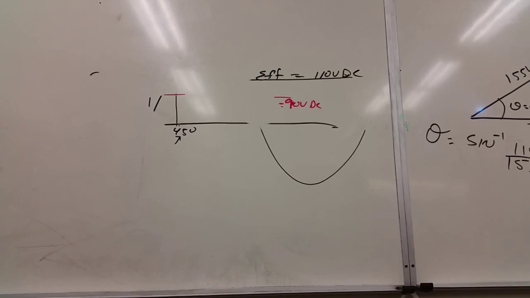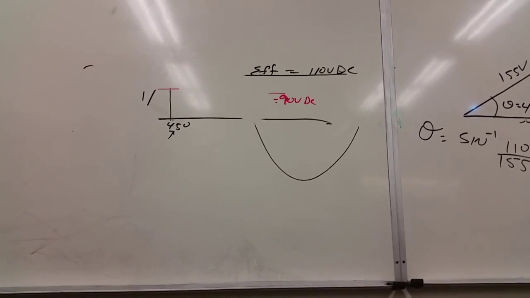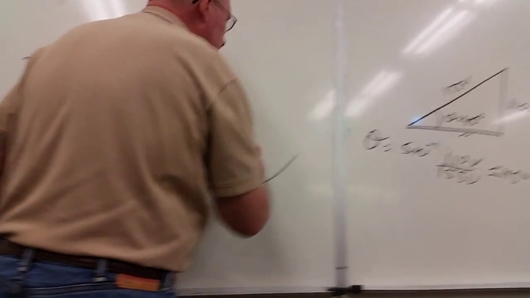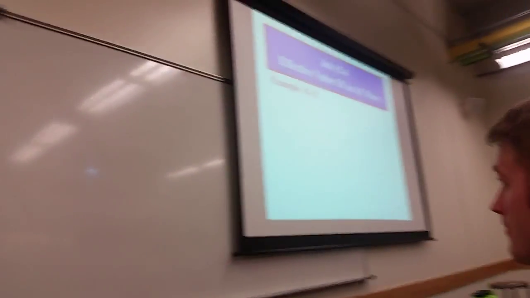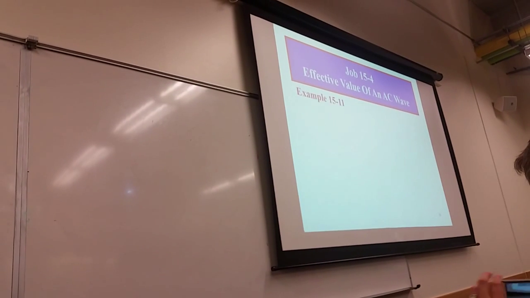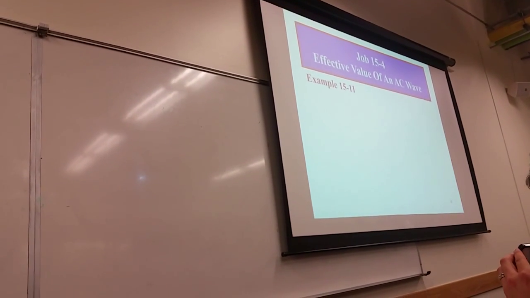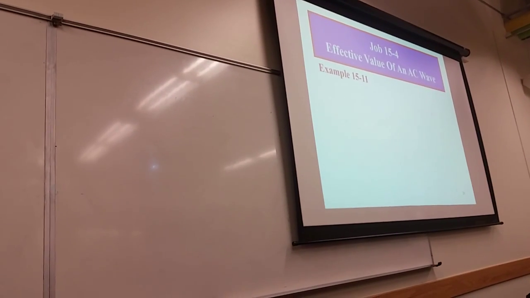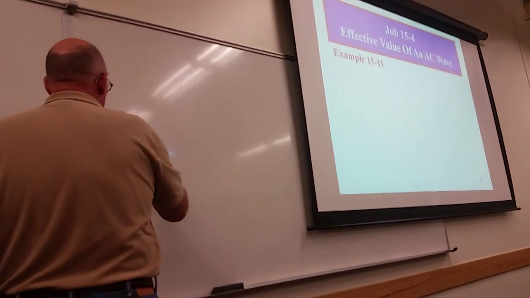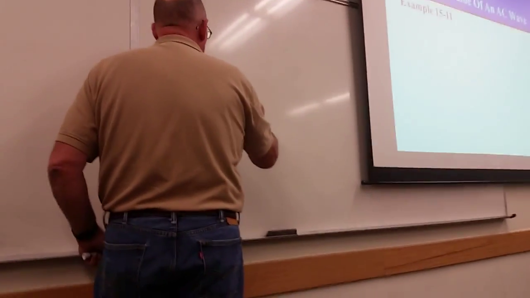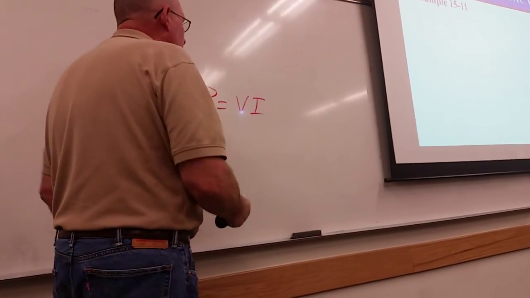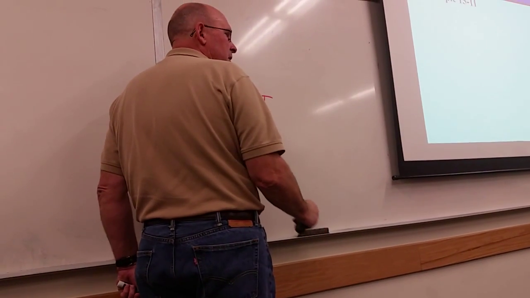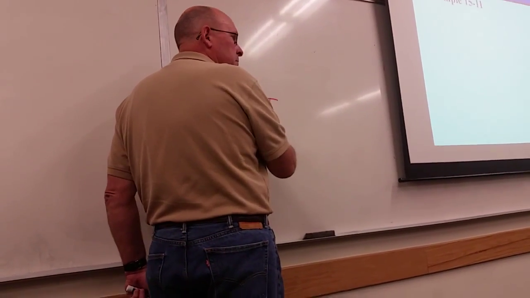So theta is 0.707 or 45 degrees. We compare AC to DC. And what does effective mean? If I put 120 volts in there, we know that's the effective value of our AC, right?